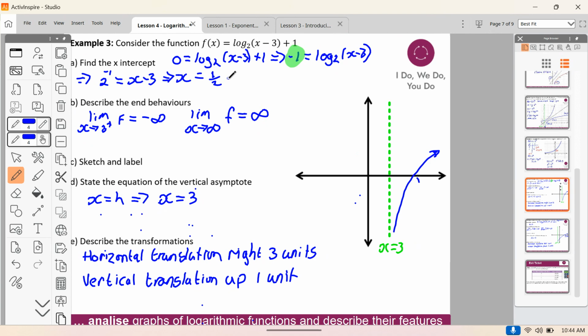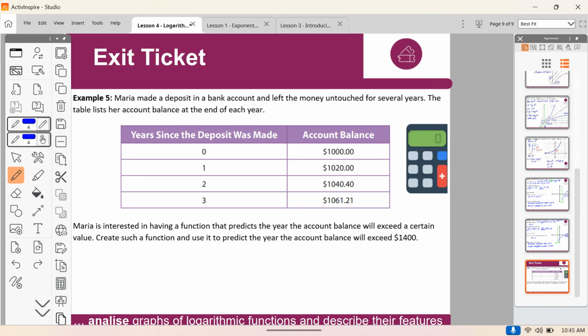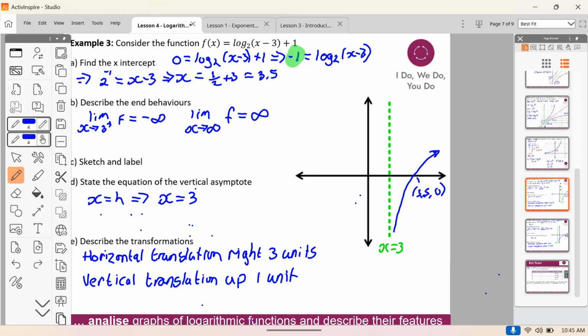Sorry, a half plus 3, which is 3.5. So this goes through (3.5, 0). Sorry, let me just pause on that one. Couple of little corrections there.